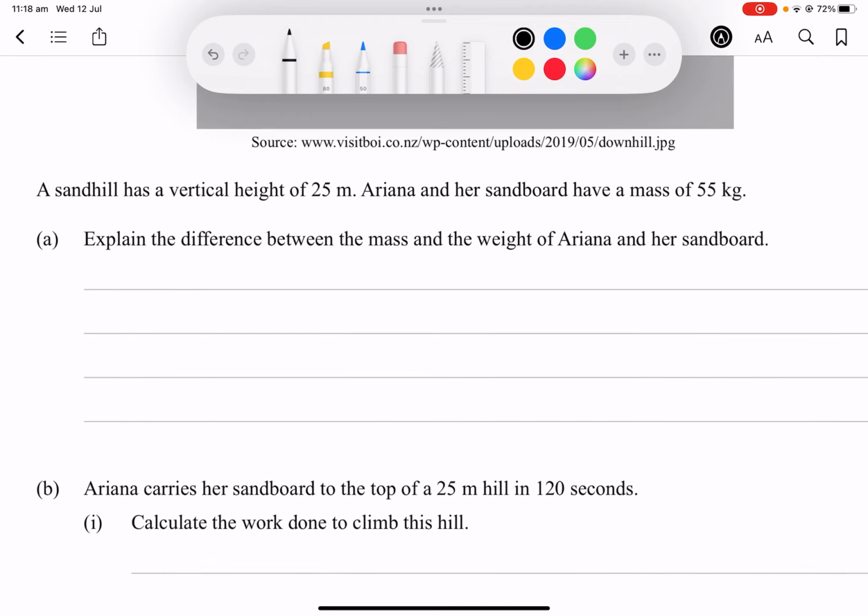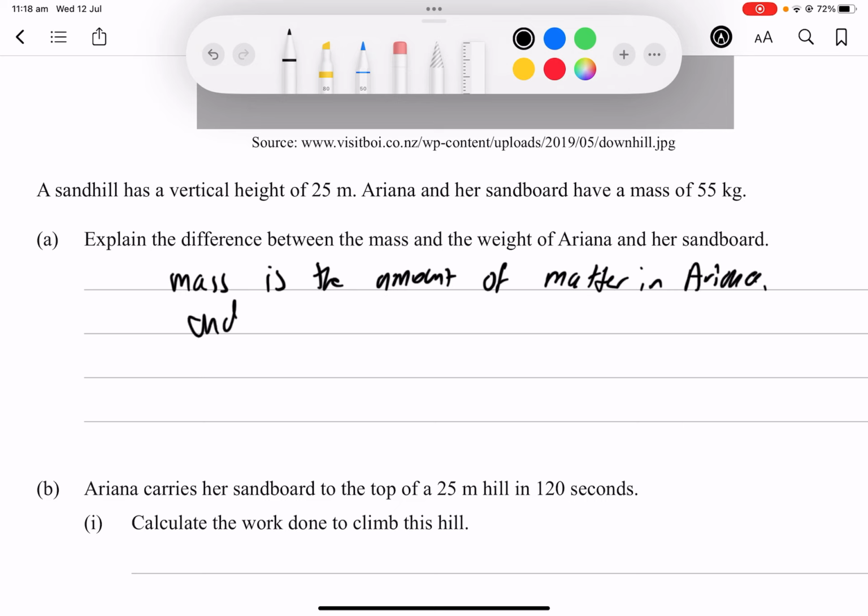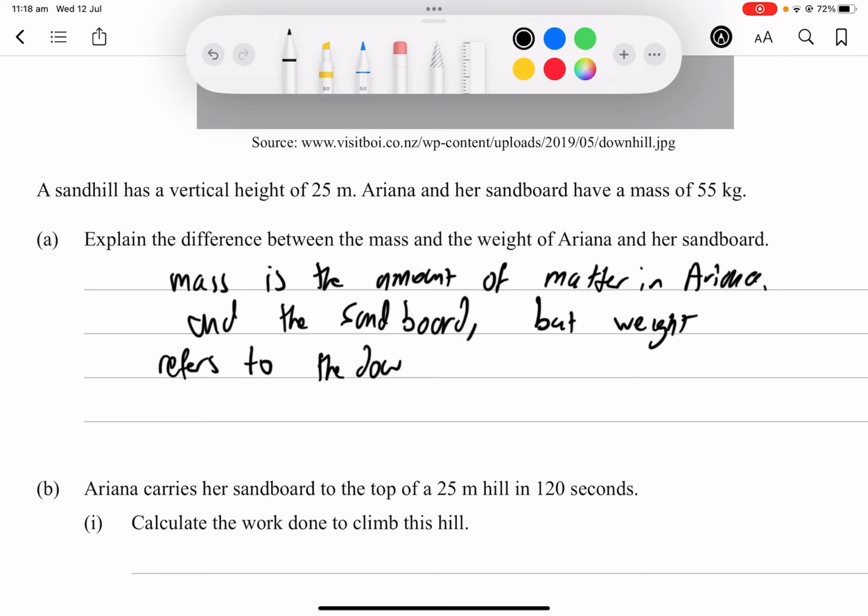Okay, so the mass is the amount of matter in Ariana and the sandboard, but the weight refers to the downwards force, which is due to gravity.